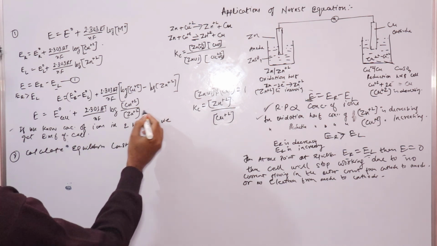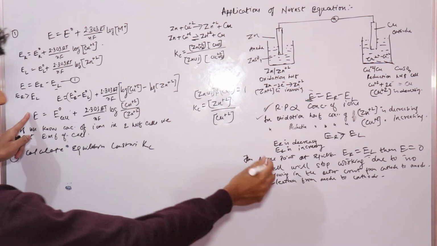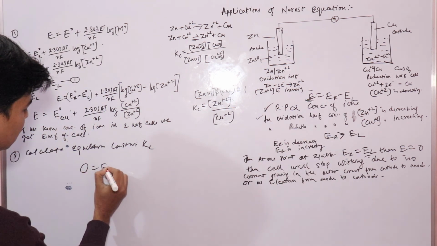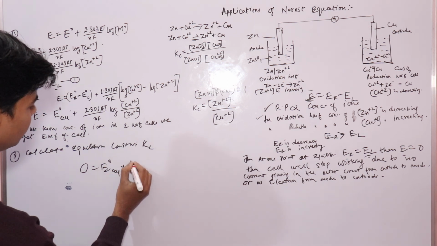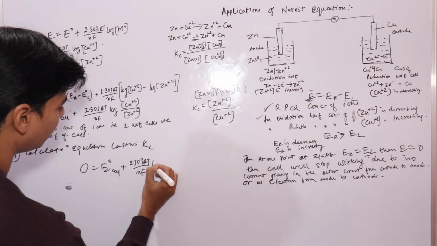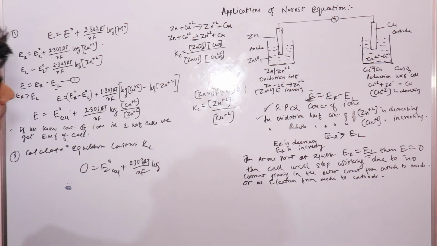So this EMF is 0 as per this explanation, and this is your standard reduction potential value minus 2.303 RT upon NF log of copper ion concentration upon zinc ion concentration.